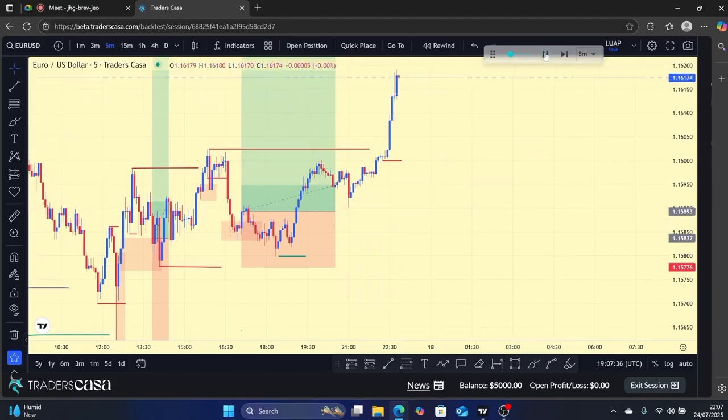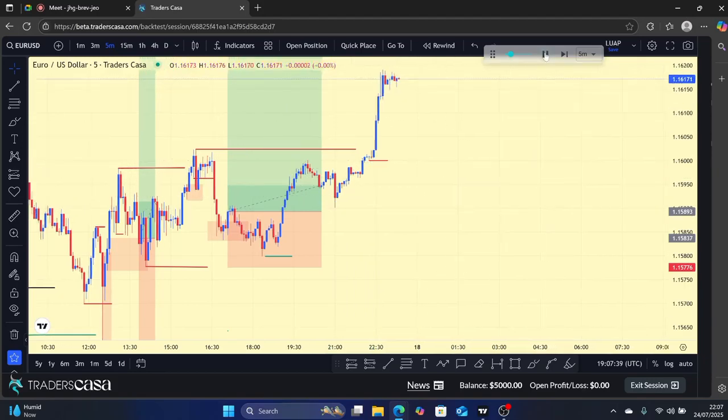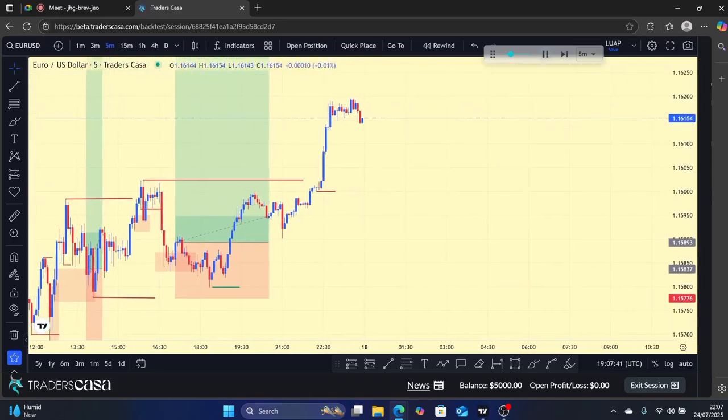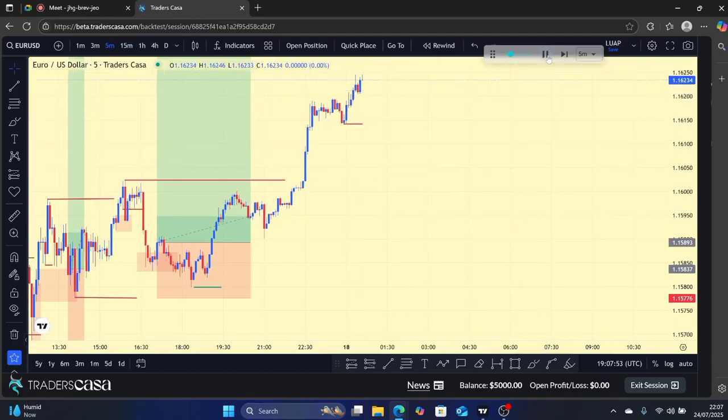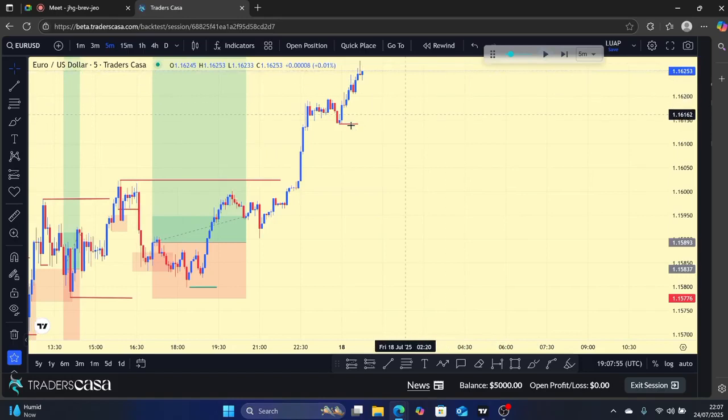So let's see what price does. Alright, is this a valid pullback? No, that's not a valid pullback, but this is a valid pullback. So luckily we have got our major inducement, and I really love this. When there is an involvement of our major inducement, we keep on shifting. So exactly right there.